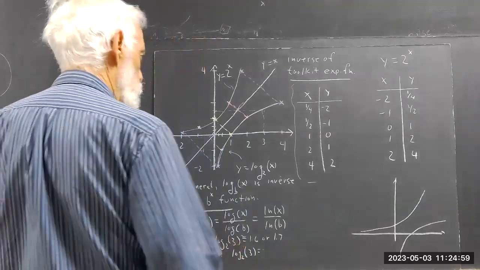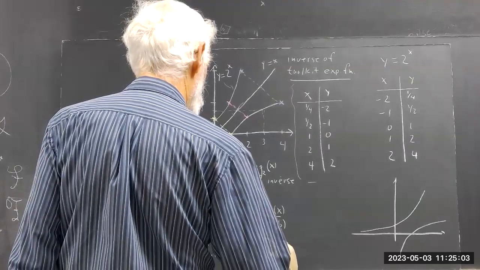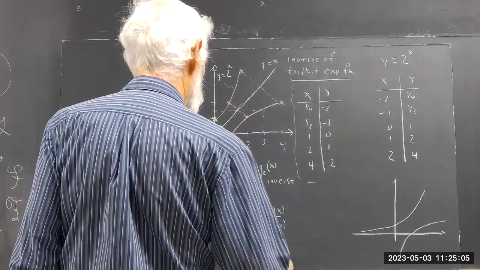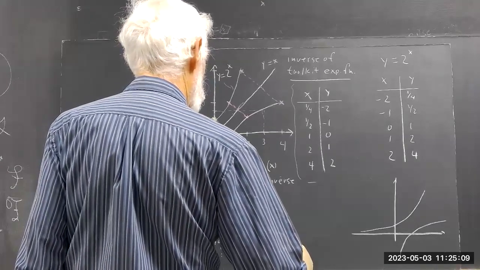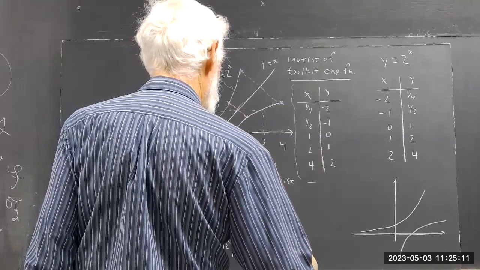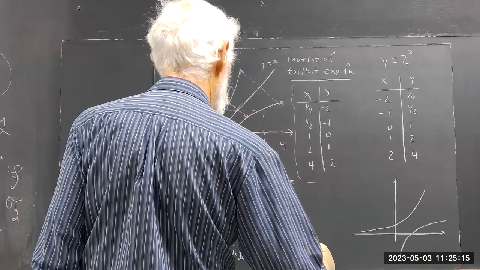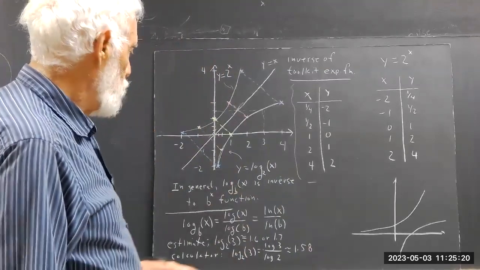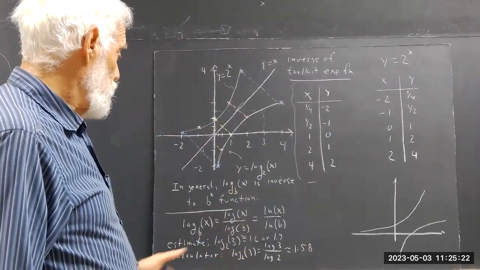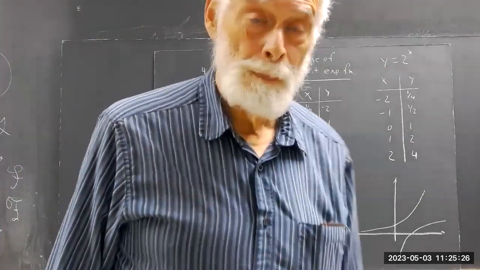Log base 2 of 3 is log 3 divided by log 2. And that, to 3 significant figures, is 1.58. So our 1.6 and 1.7 was a perfectly reasonable estimate.